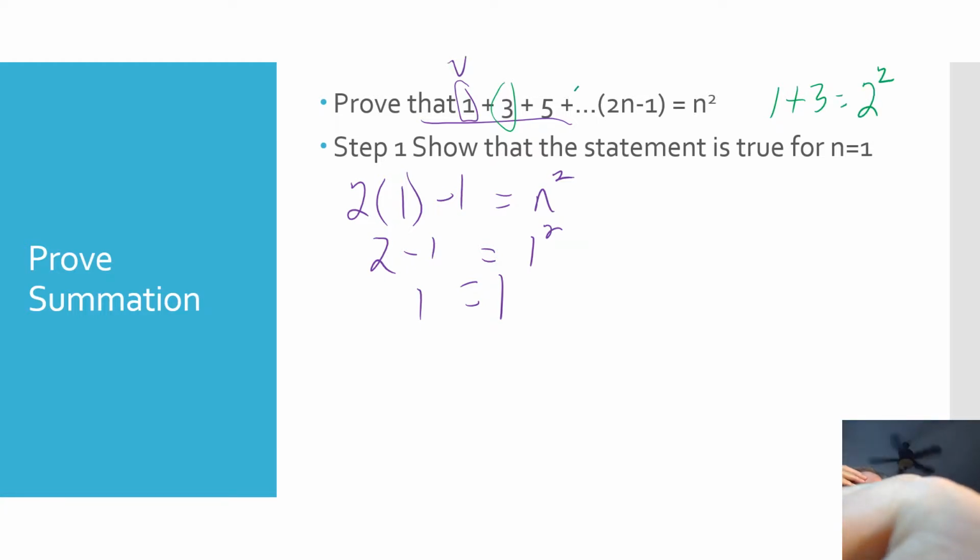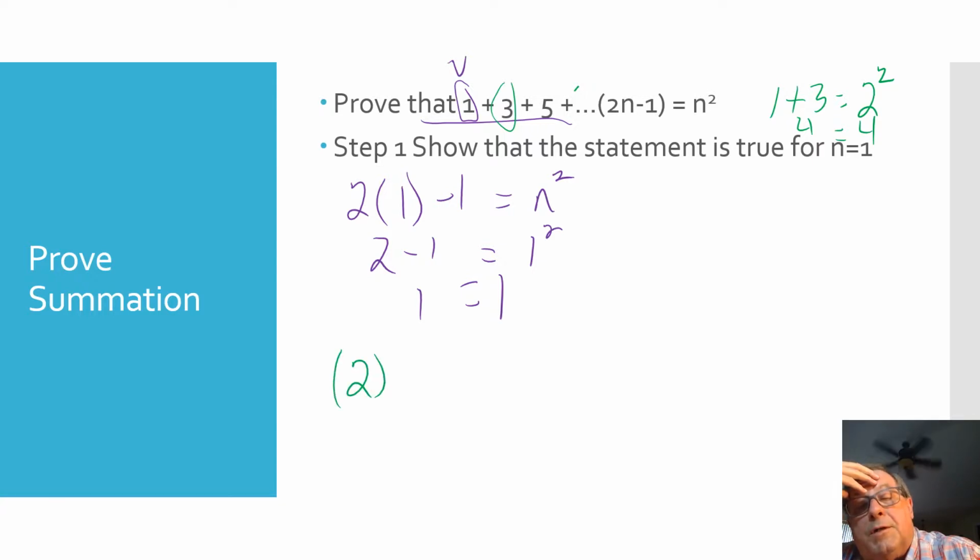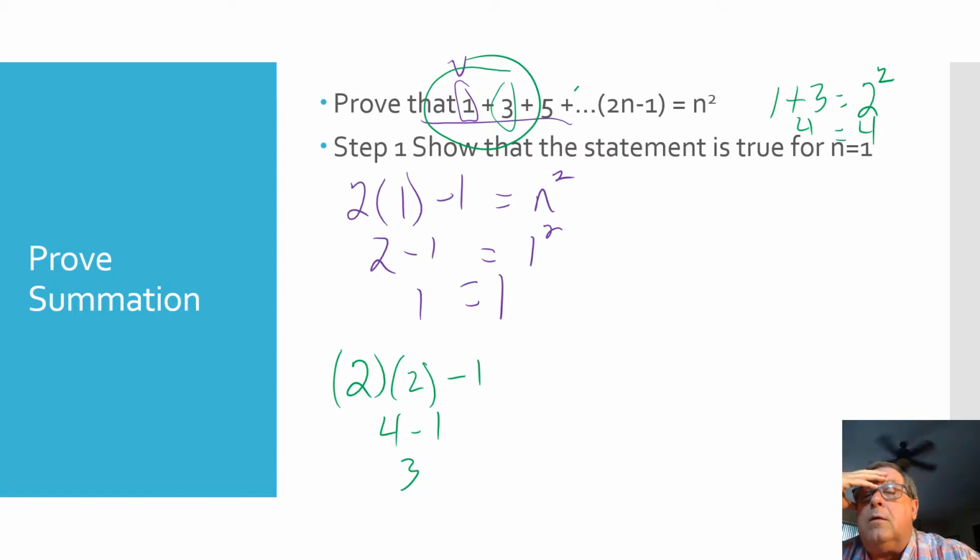Well, it does. 4 is going to equal 4. And if I put in 2, second number of the sequence, is that going to equal 3? Well, 2 times 2 is 4, minus 1, well, that does equal 3. And 1 plus 3 equals 2 squared.